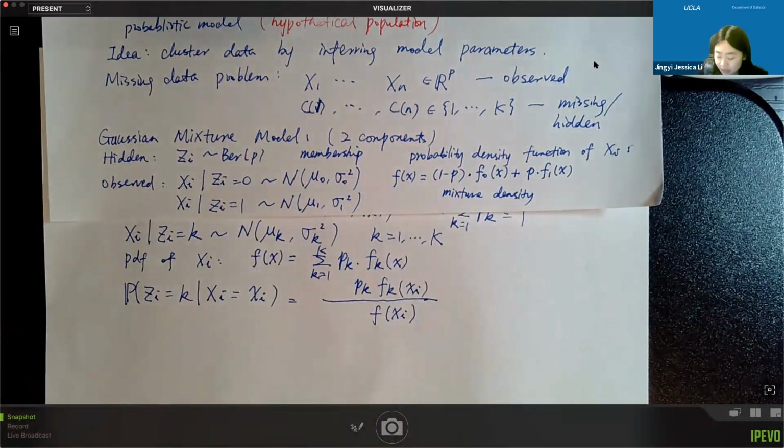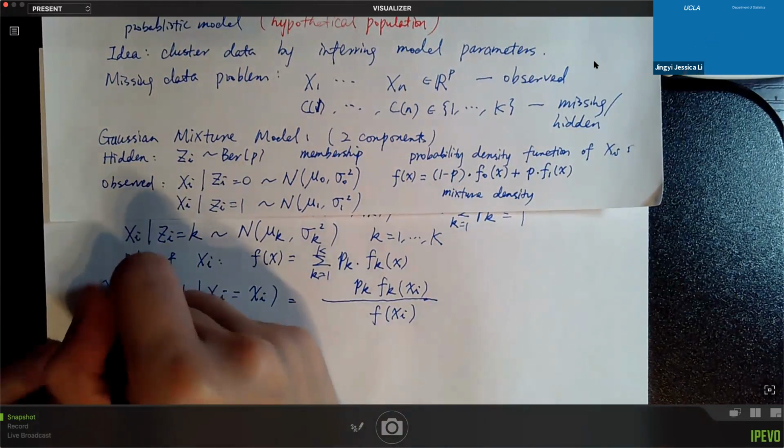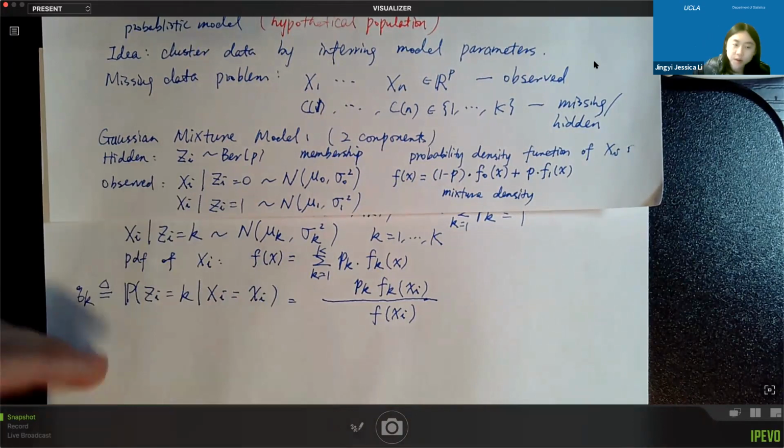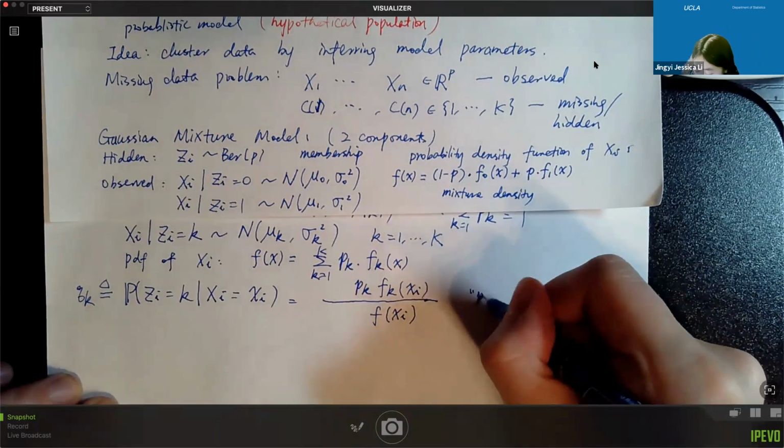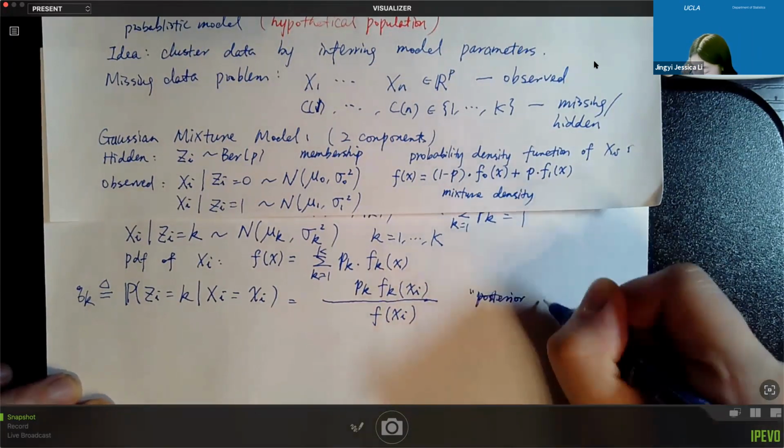So now for every data point, I'm going to have K such probabilities. If I denote this as qk, this is the probability that I would believe data point i is in cluster k, given its observed value. And some people call this the posterior probability.